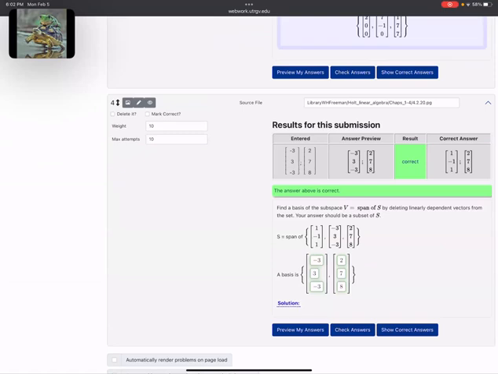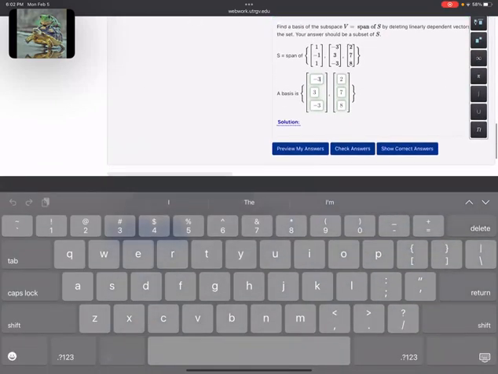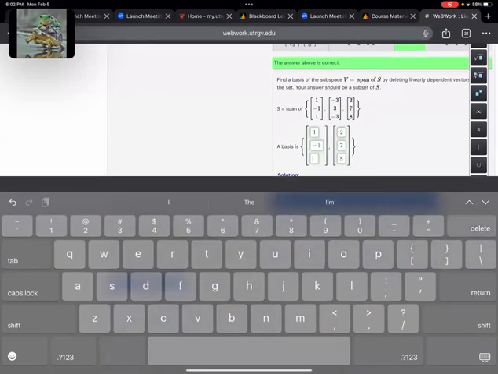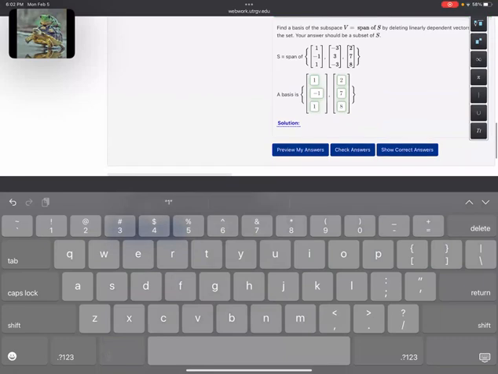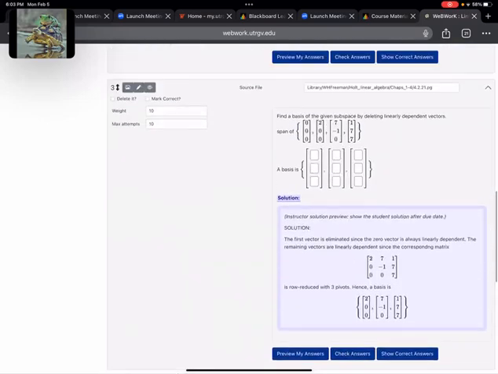Yeah, that works. But let's say that we instead choose the first one: 1, minus 1, and 1. You see, that one worked too. So you just choose one of the two. Okay, they're linearly independent. I think that was the last.